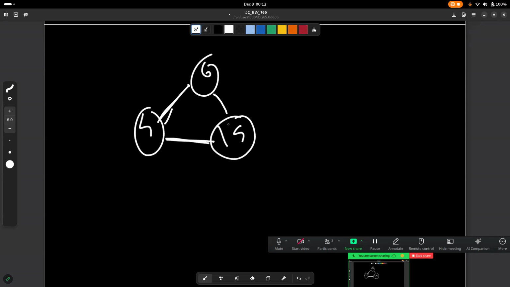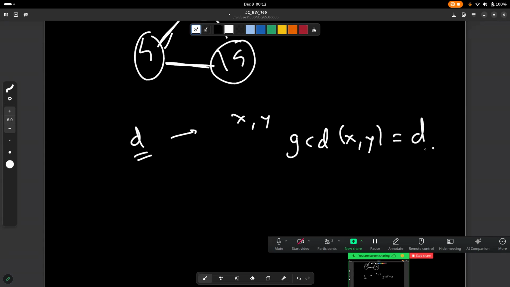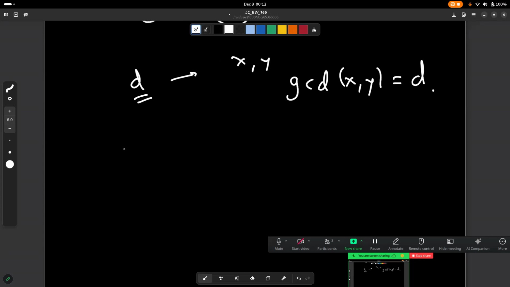So basically what I'm trying to say is, I have fixed this divisor D, so I am considering all the edges x, y such that the GCD of x and y is equal to this divisor. Now, the cost of my edge will be x into y divided by D, where x and y can be different things, but this D is their divisor for sure, and it's preferably their greatest common divisor.